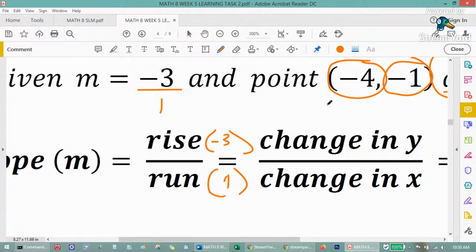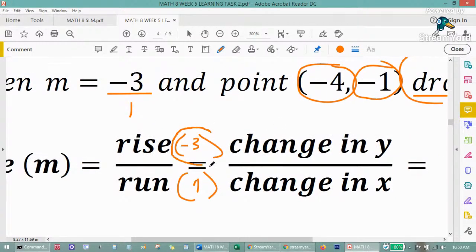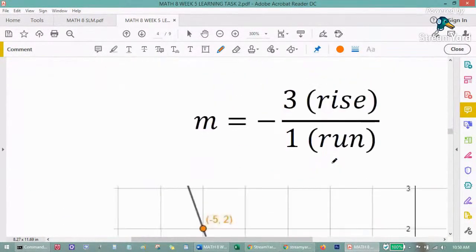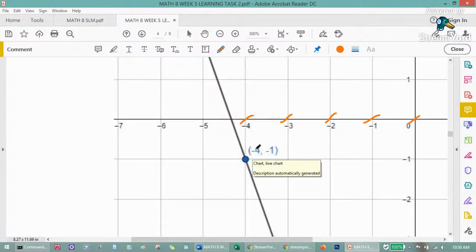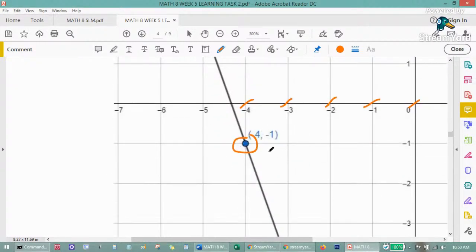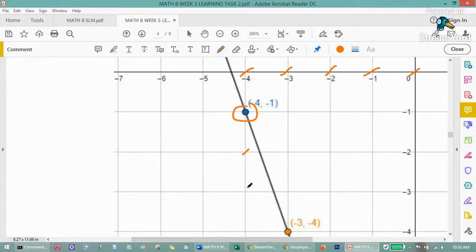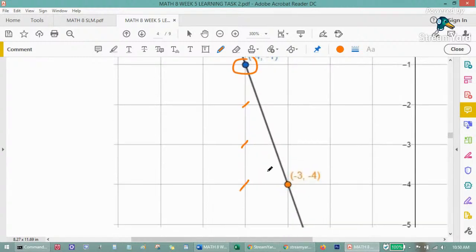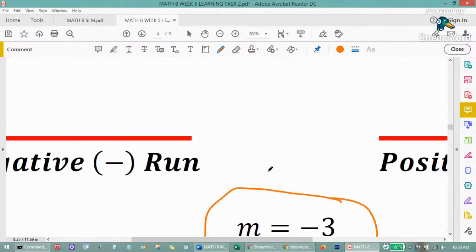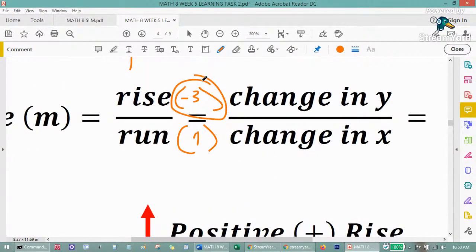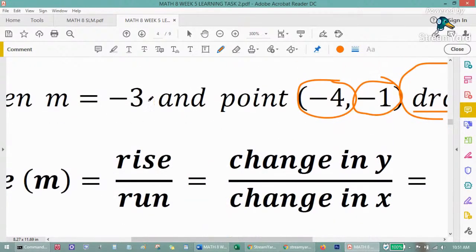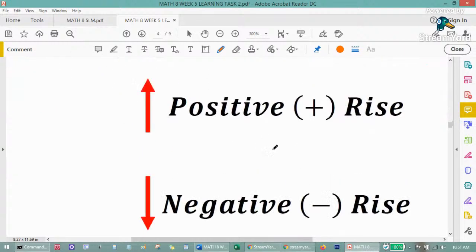Okay? So, ibig sabihin, simula sa negative 4, negative 1, bababa tayo ng 3. So, ito yung point natin kanina. So, bababa tayo ng 3 units. 1, 2, 3. Stop tayo dun. Bakit tayo bumaba? Kasi negative yung 3. Okay, ginawa natin negative 3 over 1. Negative yung rise natin. So, yung negative rise, pababa.